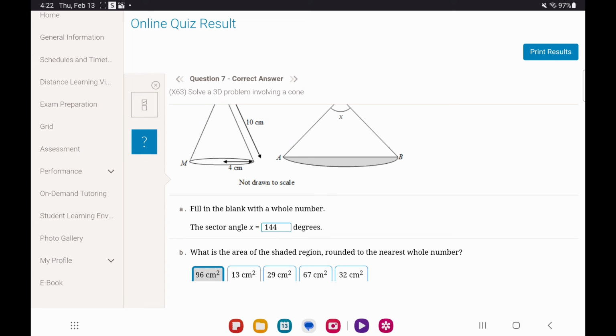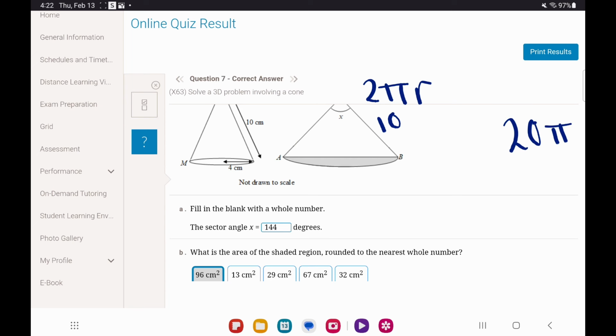So first, the circumference in general is 2 pi r. Here the radius is 10, so 2 pi 10, so 20 pi. So this is of this one.